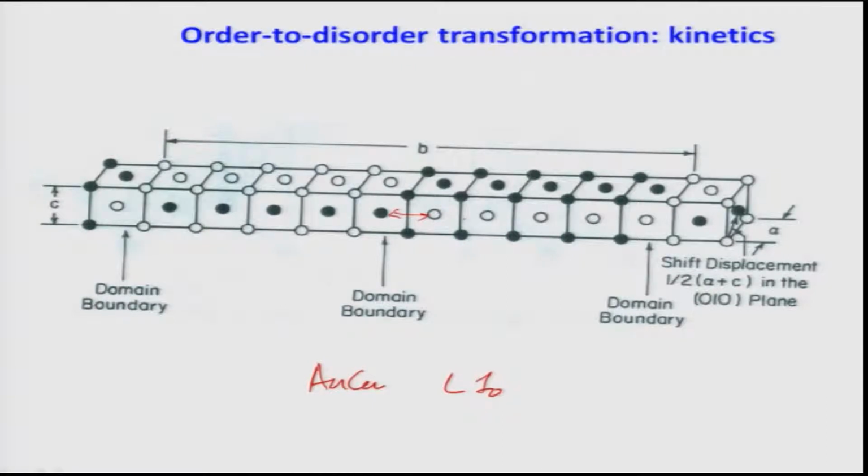This happens more frequently in the case of the AuCu structure, which is an L10 structure. It has been observed, not like the other one, L12, which is the Cu3Au structure, or the B2 structures like copper zinc or iron aluminum. And the shift which has been shown here, half a per c on 010 planes, that leads to such antiphase domains in this structure, which is unique.